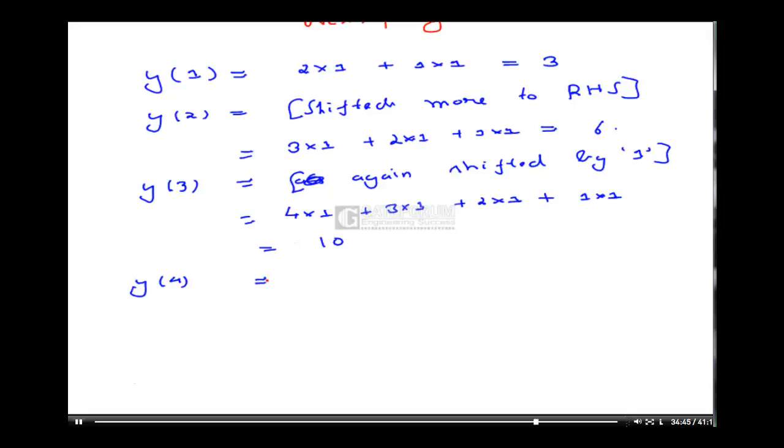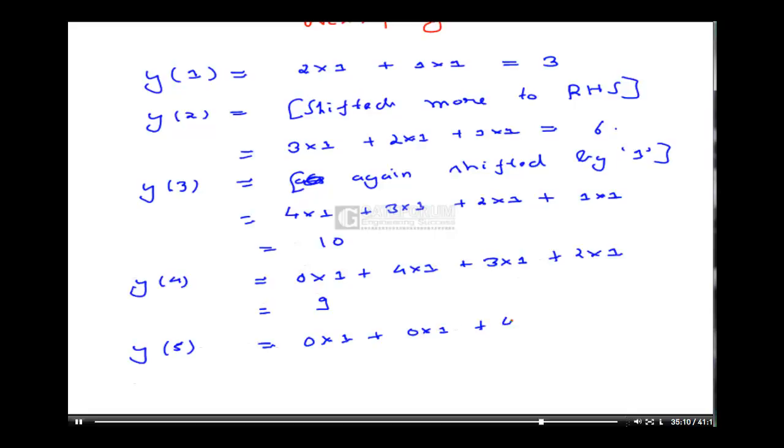y4 is equal to, again shifted by 1. This time what will happen? It will come 0 into 1 plus 4 into 1 plus 3 into 1 plus 2 into 1. This will become 9. y5 is equal to 0 into 1 plus 0 into 1 plus 4 into 1 plus 3 into 1.